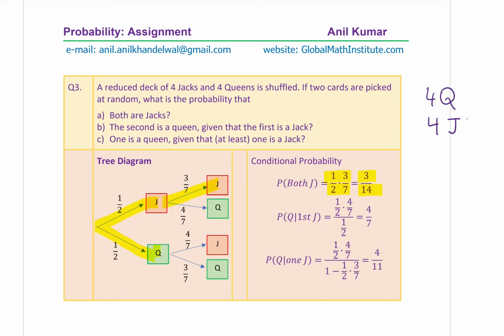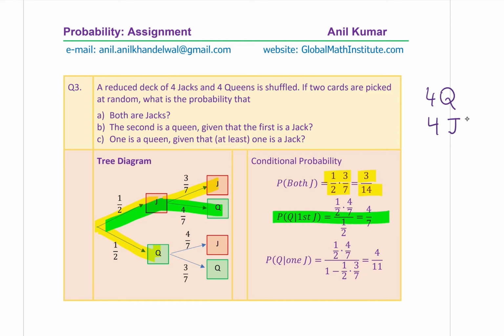Now in the second case, the second is a queen given that the first is a jack. So we are given that the first one is a jack and the second one is a queen, and that is what we are looking into.